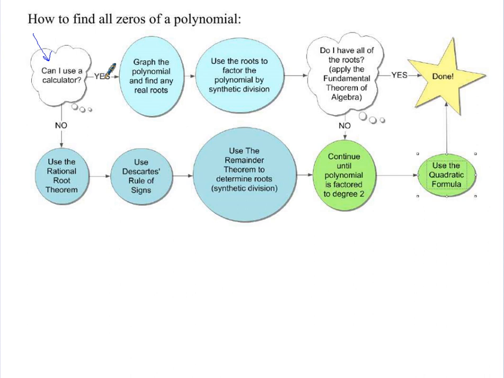Now, let's assume for a second that we can't use a calculator. So, can I use a calculator? No. Then that means I need to use the rational root theorem. What is the rational root theorem? P over Q. Once I've done that, use Descartes' rule of signs. How do I use Descartes' rule of signs?